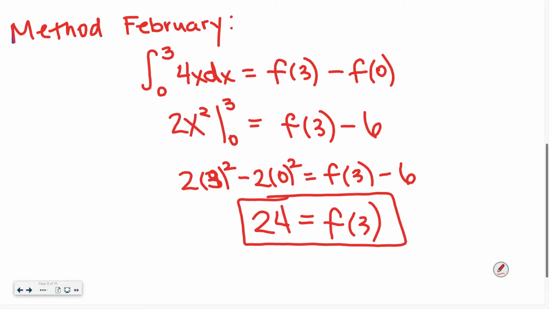Because if it were a situation that you had your calculator and you could not actually find the antiderivative, for example, if you had this one, you can't take the antiderivative of this.